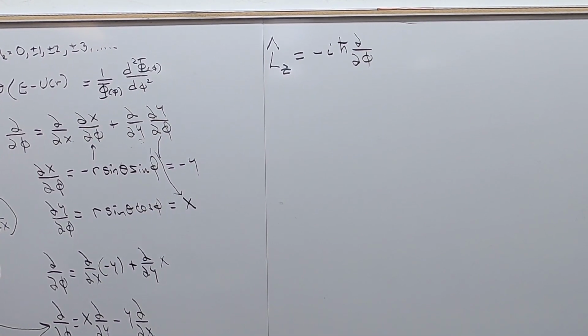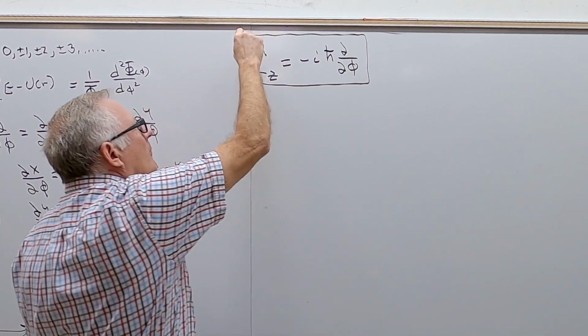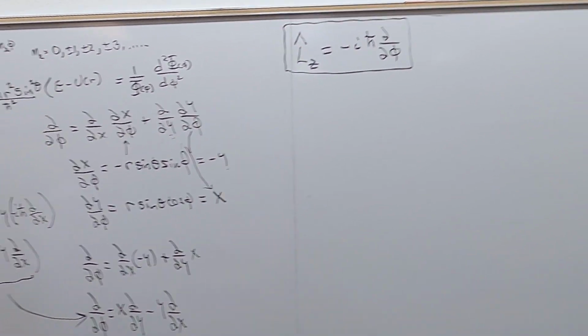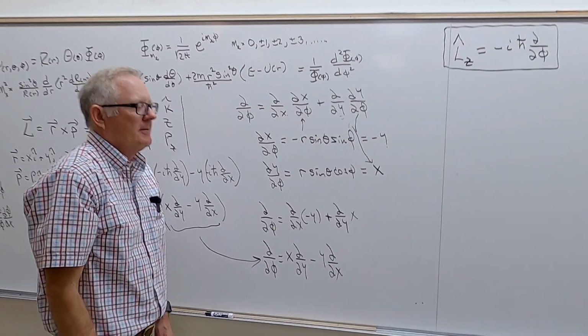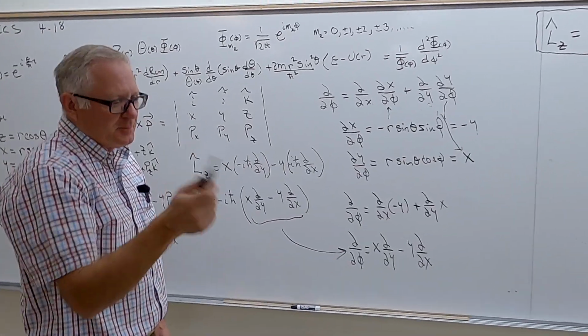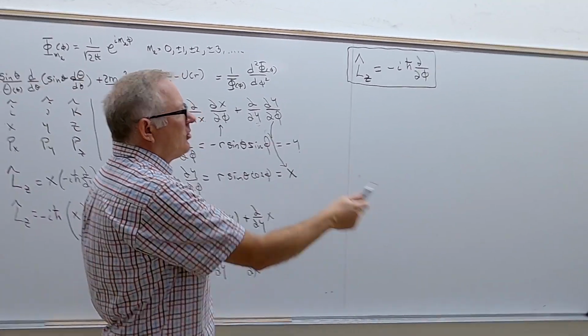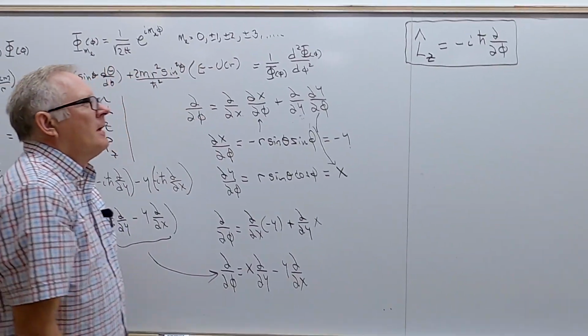So that right there is our angular momentum, the z component operator of the angular momentum. Again, we have two angular momentums. We had the spin before, but that's different. That was a spinning. This is the orbital right here.